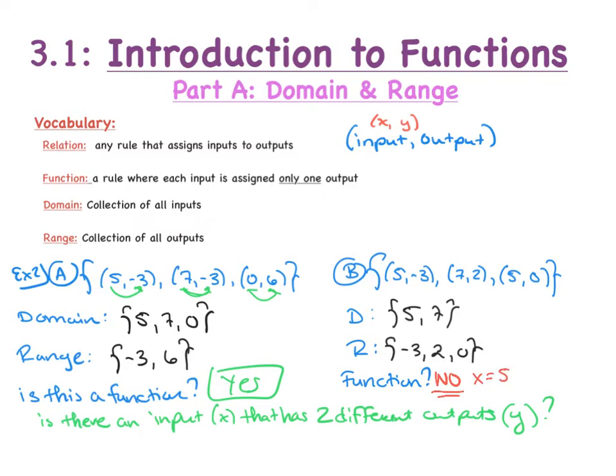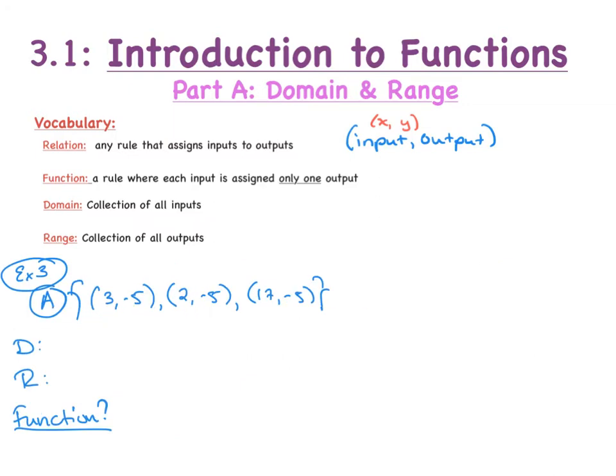X equals 5 has y equals -3 and y equals 0. So it's not a function. Basically, what you're looking for is repeated x values. Okay, let's do a couple more examples, and then we'll move on to formulas for functions.